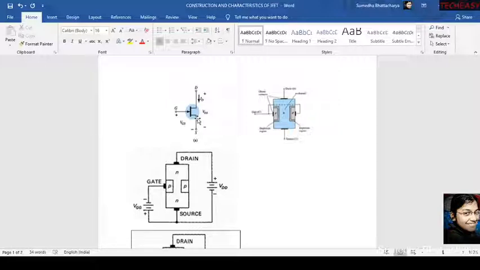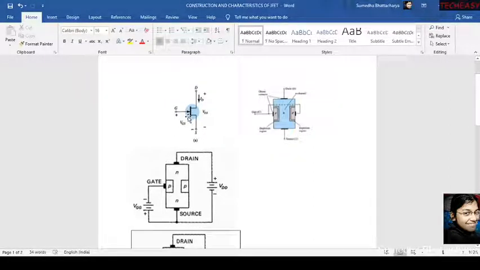But today it is about JFET. So we have to know about the JFET symbol. In case of the JFET symbol, you can see that the arrow is near the gate. In the gate, the arrow is showing, right?